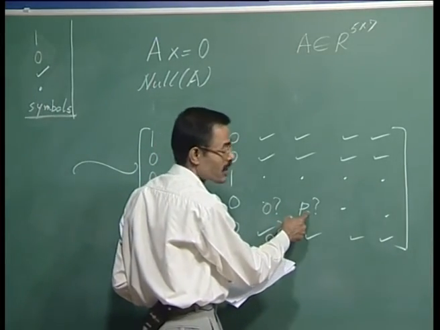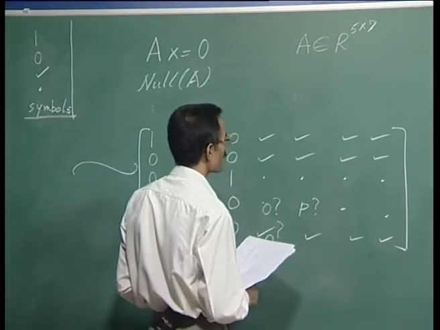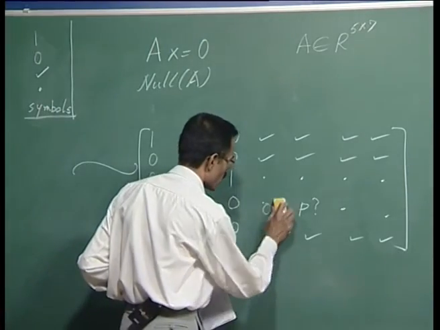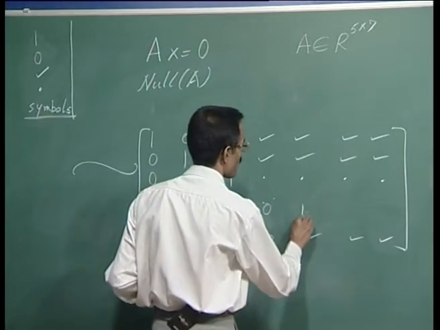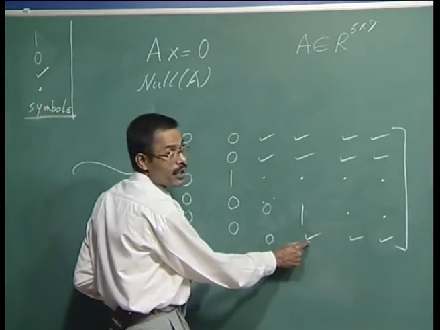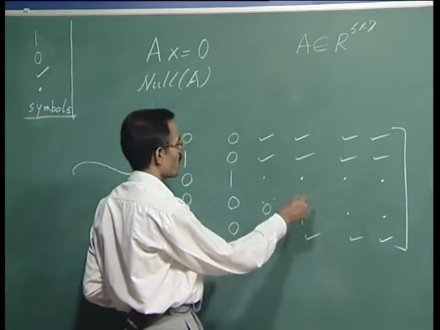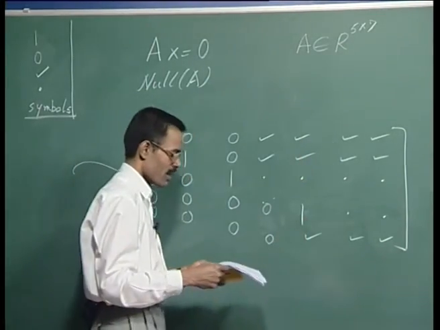We want a 1 here, and as such, we will be dividing this row with P, and that will mean that we will get a 1 here. These will change, and then we want a 0 here. If we have got 1 here, we want 0 below it and 0 above it. All these locations we want to be zeros.